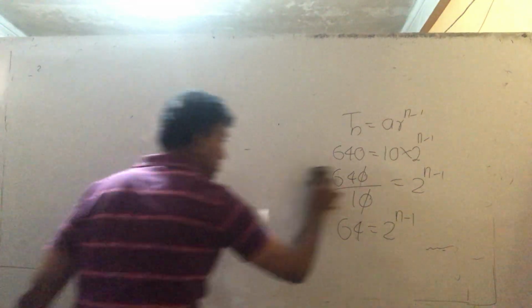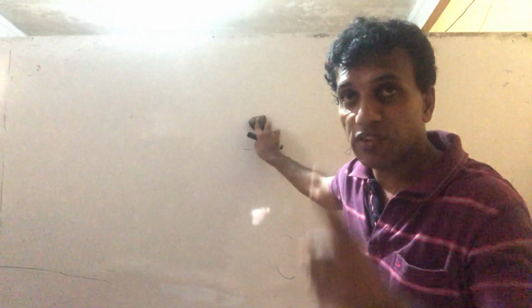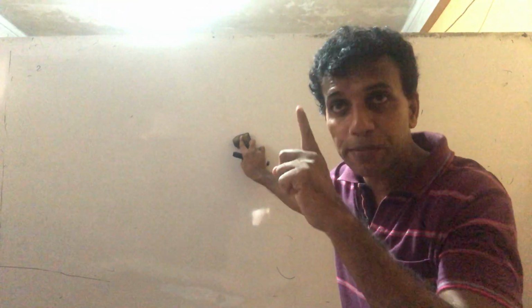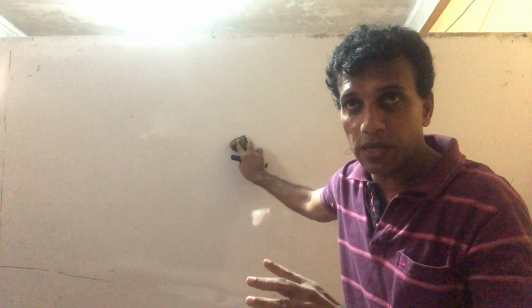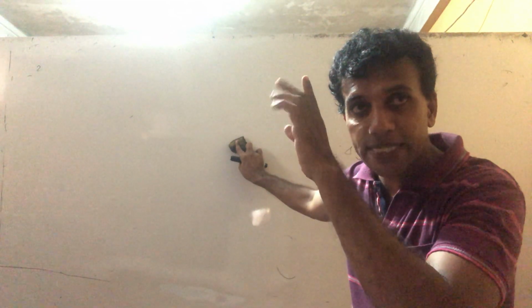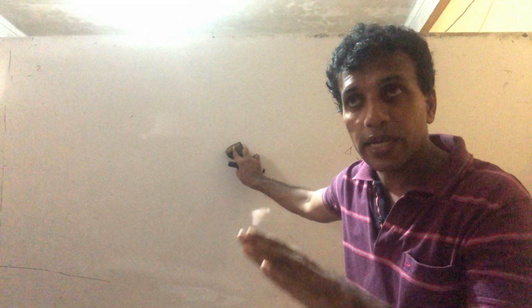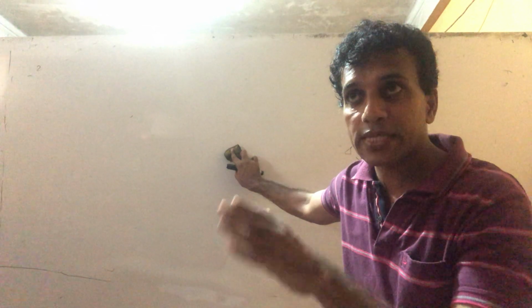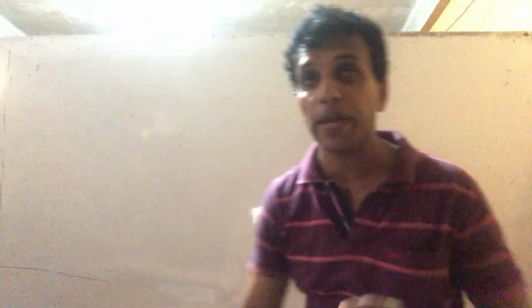So not only term problems, they ask the summation also. As I mentioned in the very first video, if you know the arithmetic series idea very clearly, the same ideas we use in GP. There the sum formula is Sn equal n by 2 times 2a plus n minus 1 into d, or n by 2 times a plus L. So the same here, there's a formula to find the summation.